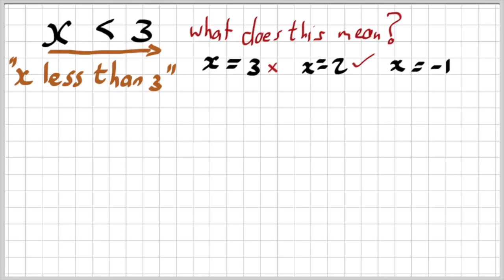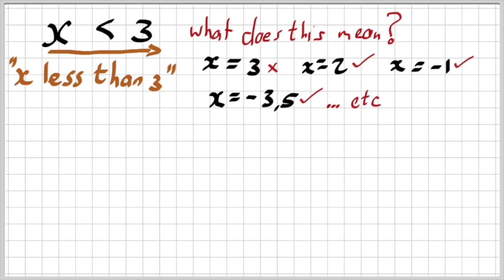X could be -1. Also, x could be -3.5. So in other words, do I have a single answer, or what do I actually have?